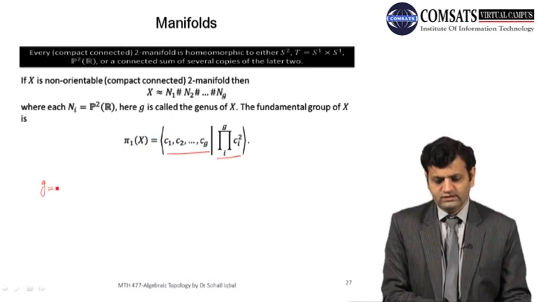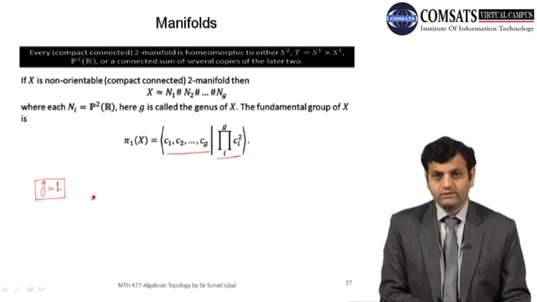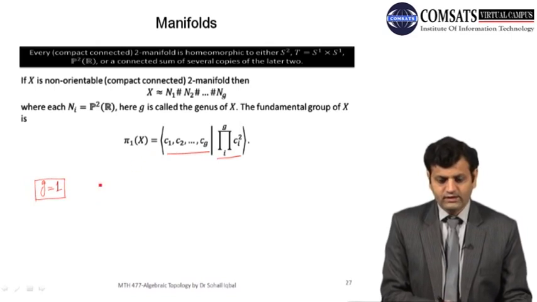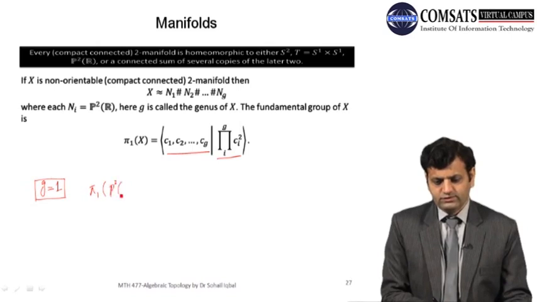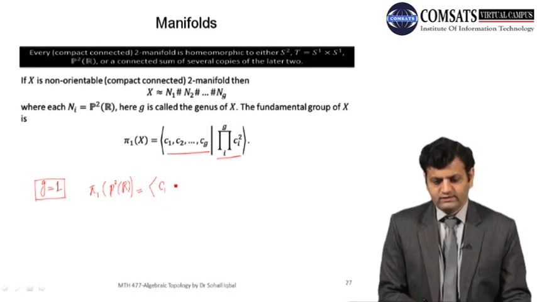In other words, we are asking what the fundamental group of the real projective plane is. Here G is equal to 1, so there will be only one generator such that C1 squared is equal to 1.